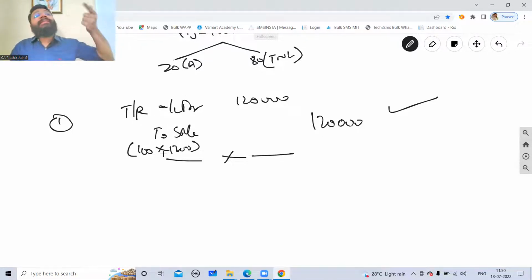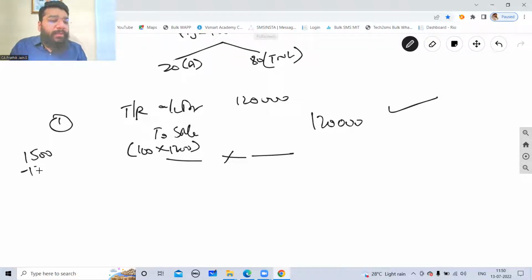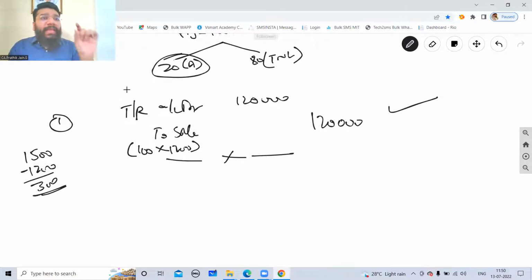Now the price is revised upward. So for the upward revision, that is the difference between 1,500 minus 1,200, a difference of 300 rupees, we have to further pass a sale entry to the extent of 20 barrels. Because on the day when these 20 barrels were sold, the market value was 1,500.